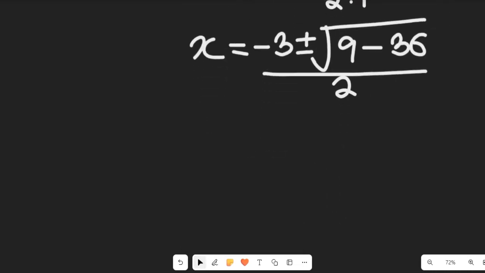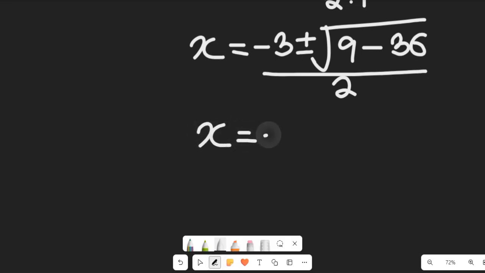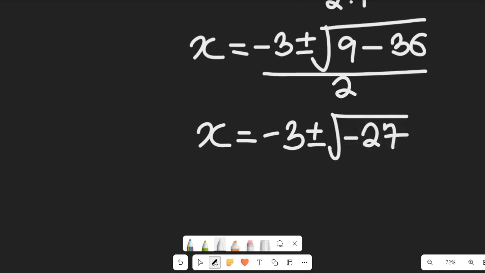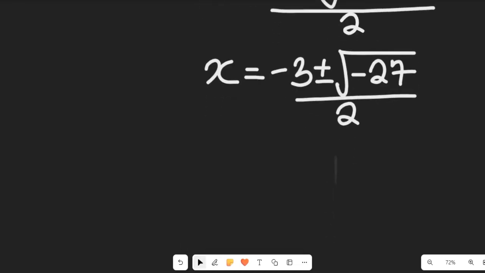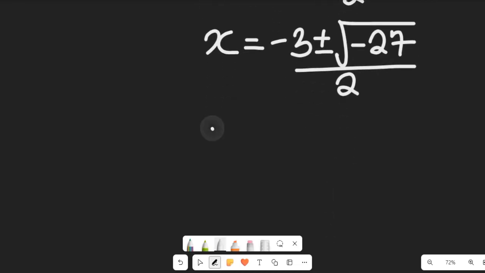So the value of our x will now be equal to negative 3 plus or minus the square root of, this is going to give us negative 27, divided by 2.